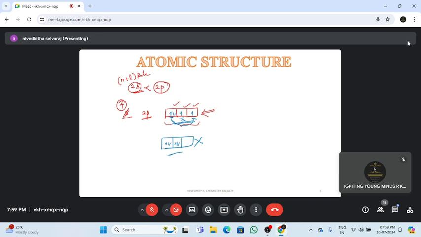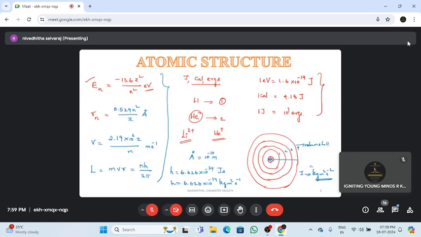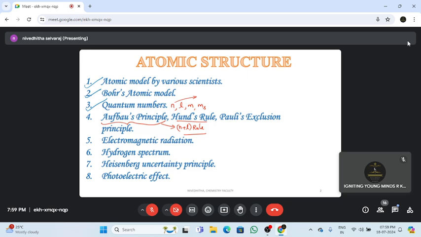So because in this configuration a lot of exchange energy is released, this configuration is more stable, and for this configuration exchange energy is less, so we should not go for this configuration. Am I clear? And that is Hund's rule. And Pauli's exclusion principle is nothing but that no two electrons in an atom can have the same set of quantum numbers. Okay, that is Pauli's exclusion principle.